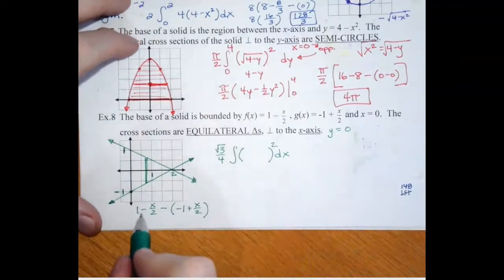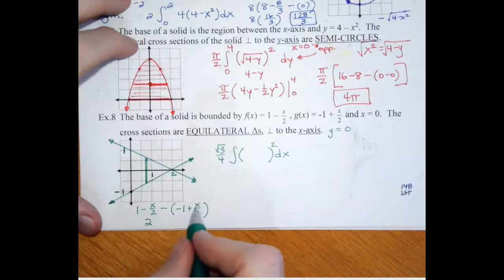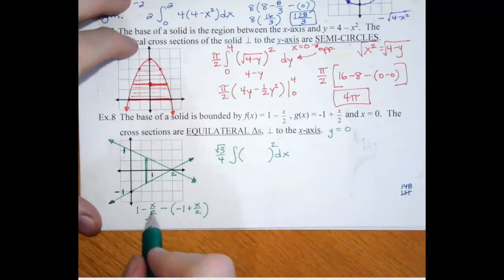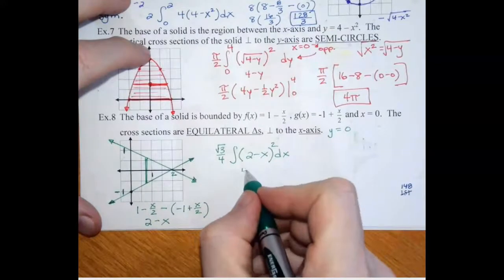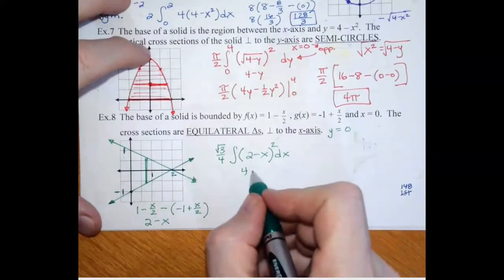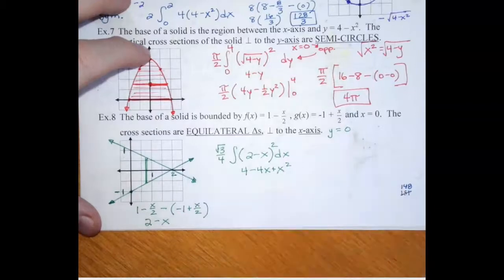If we do this, that's plus 1, so that's going to be 2, and then minus this minus this. So that's going to be minus 2x over 2, which is just minus x. So that is 2 minus x. If we square that, multiply those together and double it, and square that, we get that.